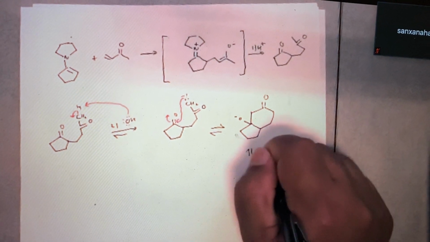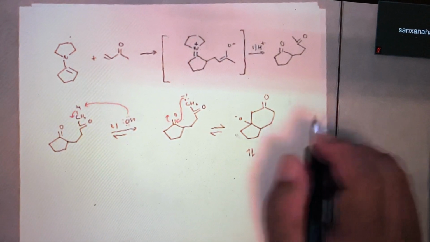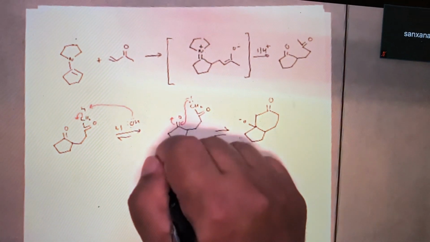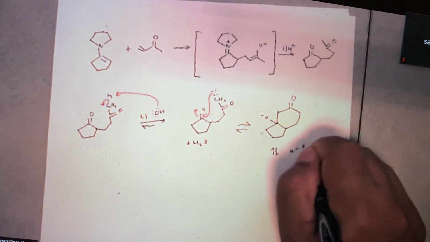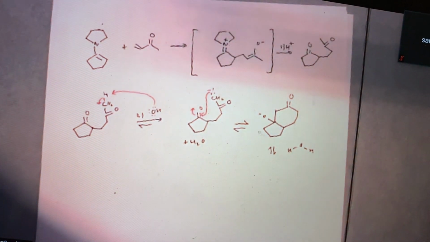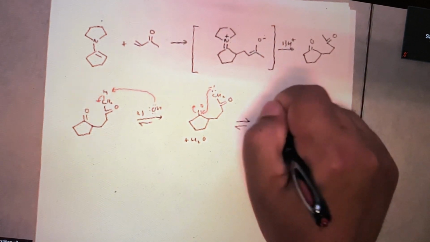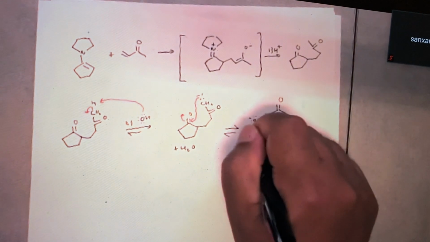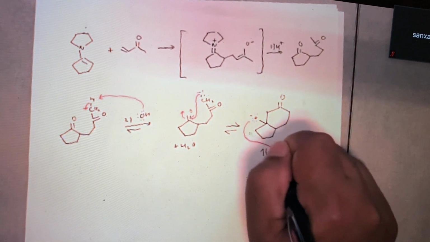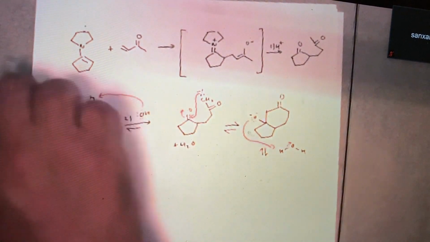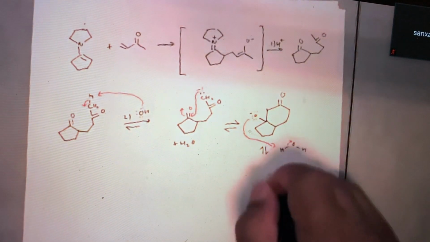Now, next step is that when I deprotonate this, I generate water. So I have water. This electron pair is going to attack water. You gave me the beta hydroxy ketone.